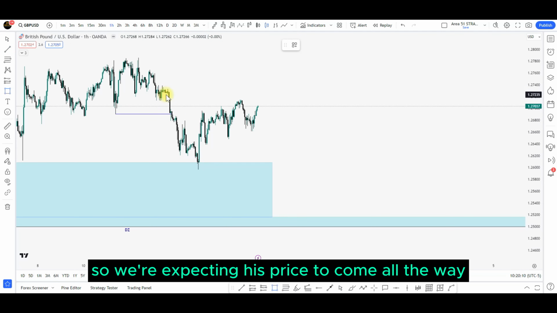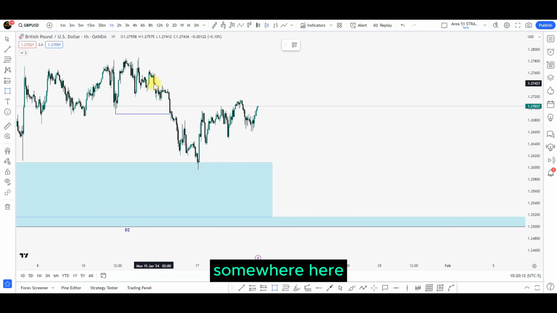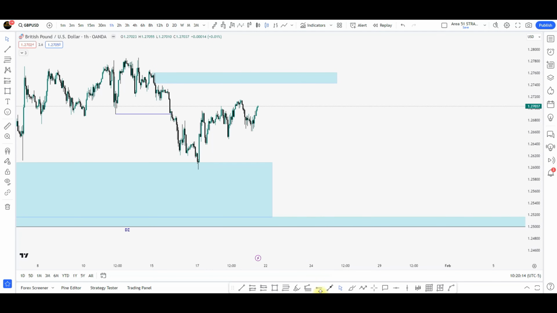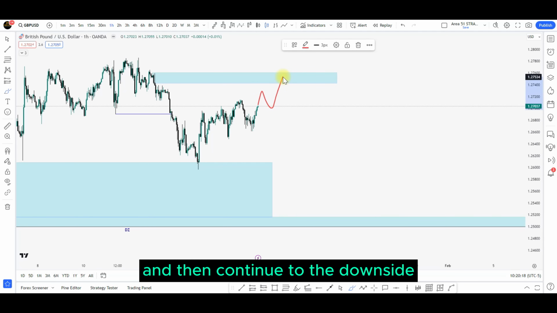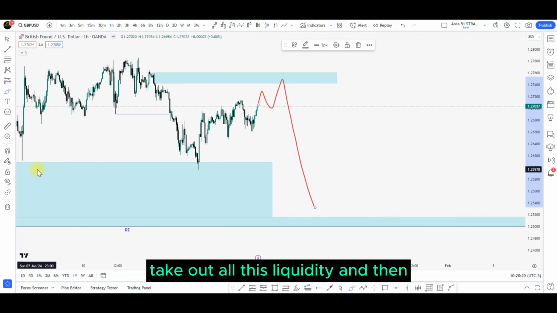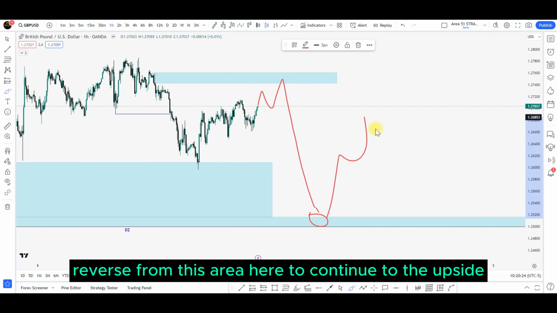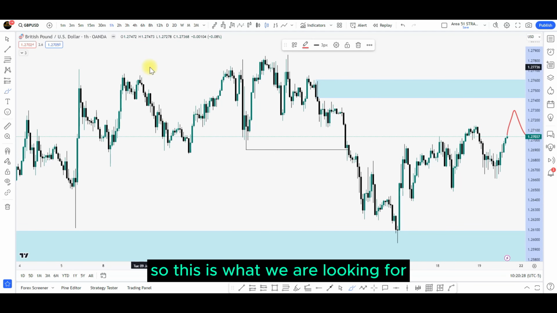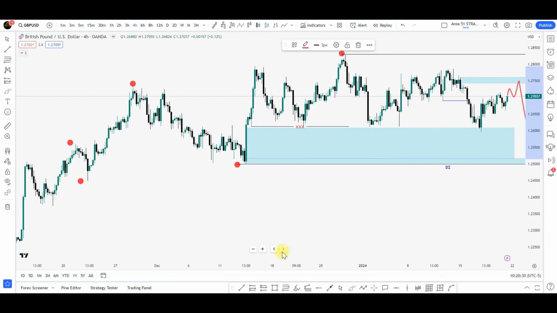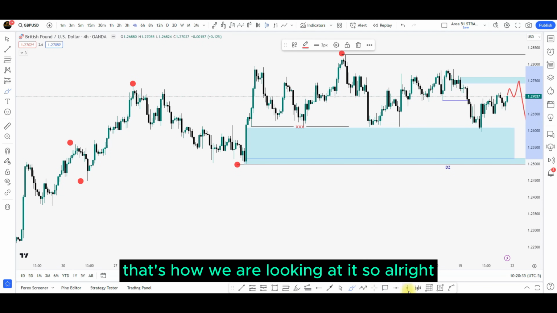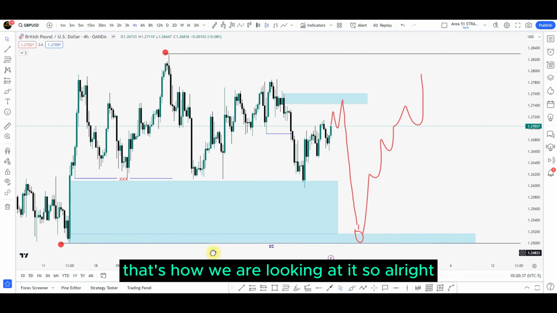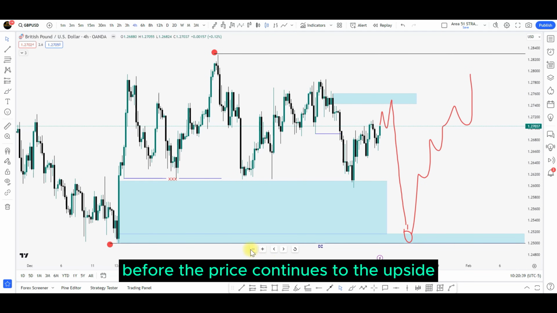So what we're expecting is price to come all the way somewhere here, and then continue to the downside, take out all this liquidity, and then reverse from this area here to continue to the upside. So this is what we are looking for with the GBP USD. That's how we are looking at it before the price continues to the upside.